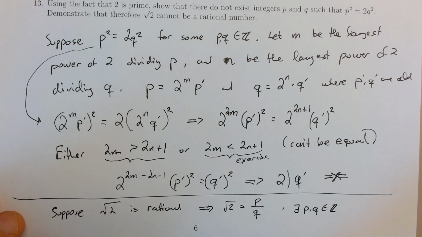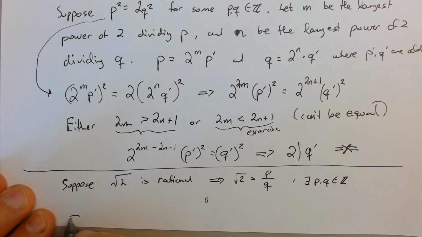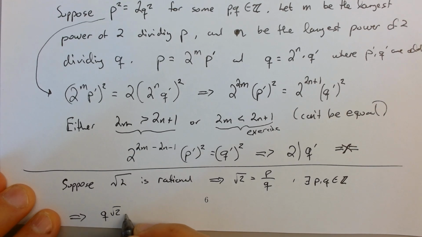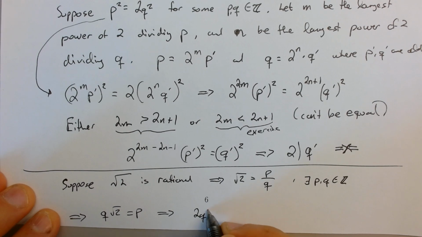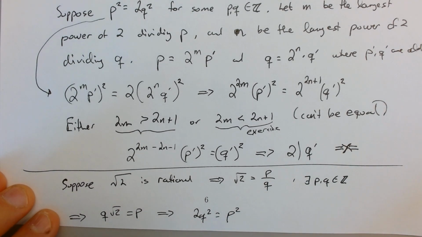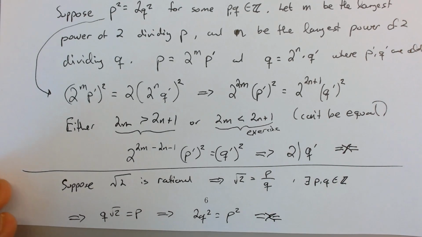Well, I can simplify this a little bit. Multiply both sides by q, and square both sides. So 2q squared equals p squared. Well, we just showed that that was impossible. So that means square root of 2 can't be rational.